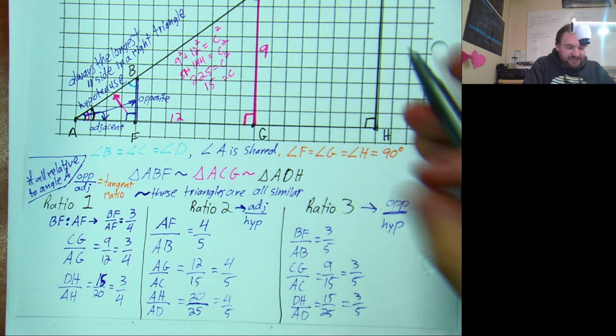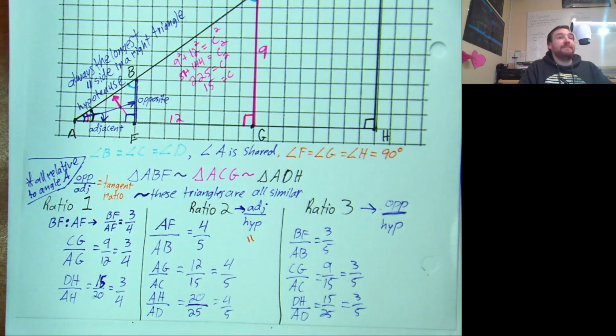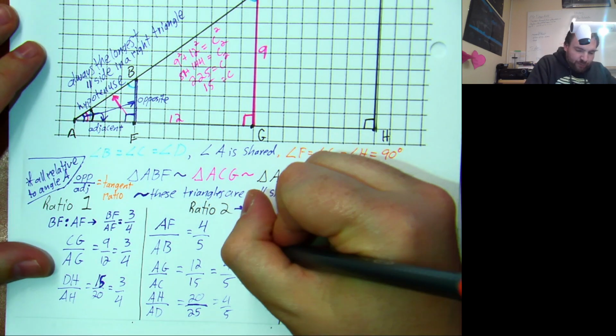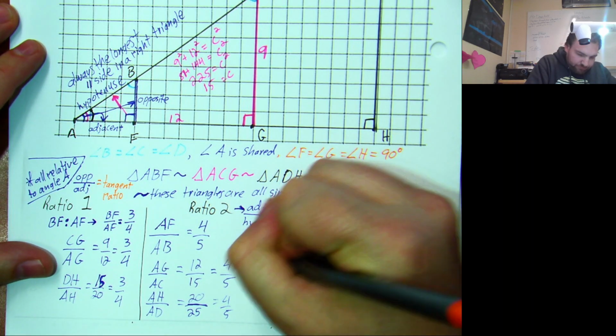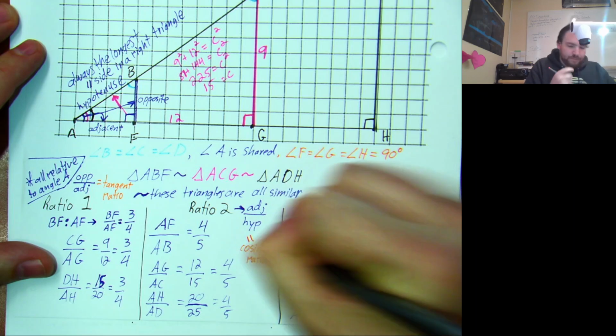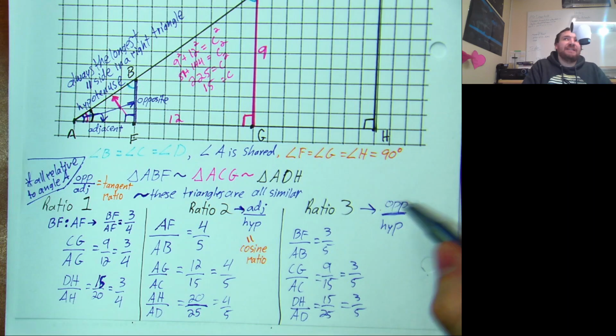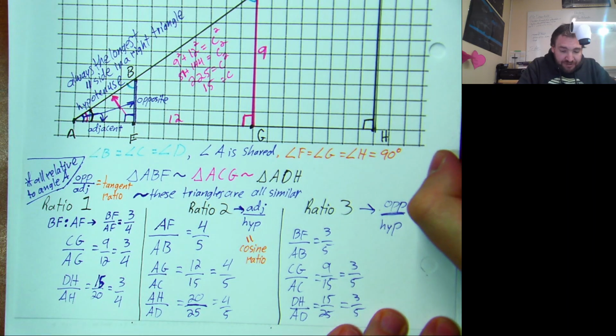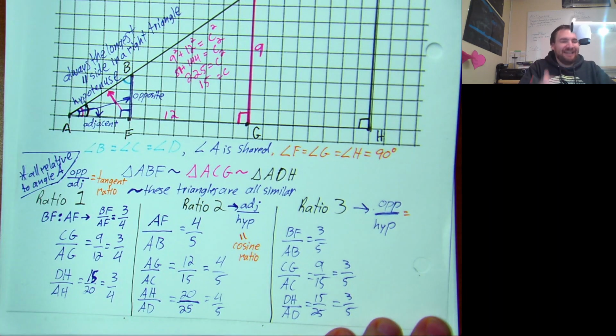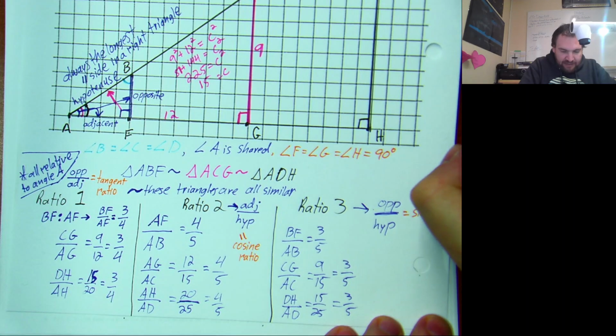The adjacent side divided by the hypotenuse we call the cosine ratio. And ratio 3, the opposite side divided by the hypotenuse, we give the name the sine ratio, S-I-N-E ratio.